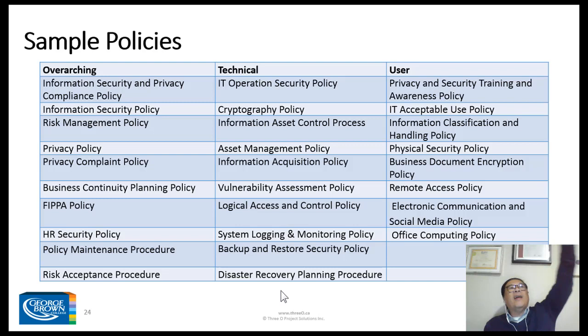These are overarching and apply to everybody in the company. Technical policies are mainly focused on the IT and IS team, IS meaning information systems, and the user level policies are all for users, normal regular workers: what they should do, what is acceptable, what is not acceptable, and so on.